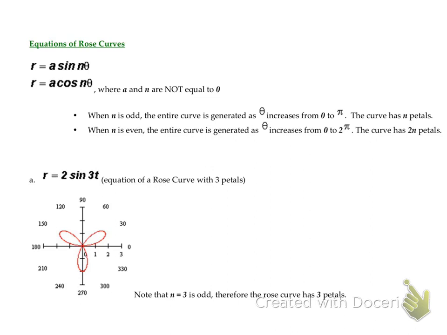This is where you see that it's extremely critical to understand where your graph starts and stops. Because, for example, you might be asked on the AP exam to find the area of one petal, just one. You've got to know which petal to look at, because you certainly don't want to pick a petal that's completely under the x-axis, because that's going to give you a negative integral.